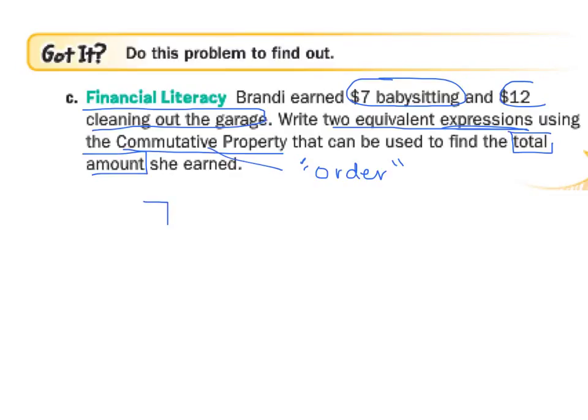So we could take 7 plus 12, and that would be the same as 12 plus 7. No grouping symbols, that would be associative. And we know 7 plus 12 is 19, and 12 plus 7 is also 19. So she had $19 is what she earned. And this is using the commutative property.